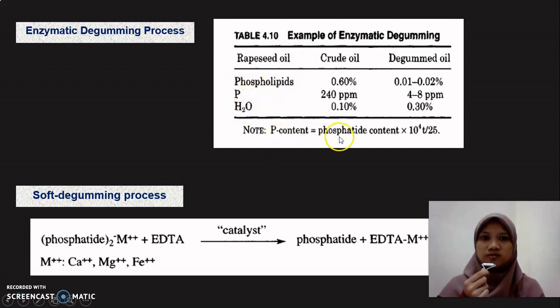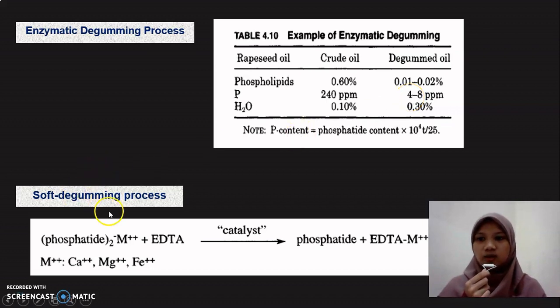The P content is the phosphatide content, and then the H2O will be increased because we add water for the enzymatic degumming process just now. So the phospholipid will be decreased from 0.6% to 0.01%, and P content from 240 ppm to 4 to 8.